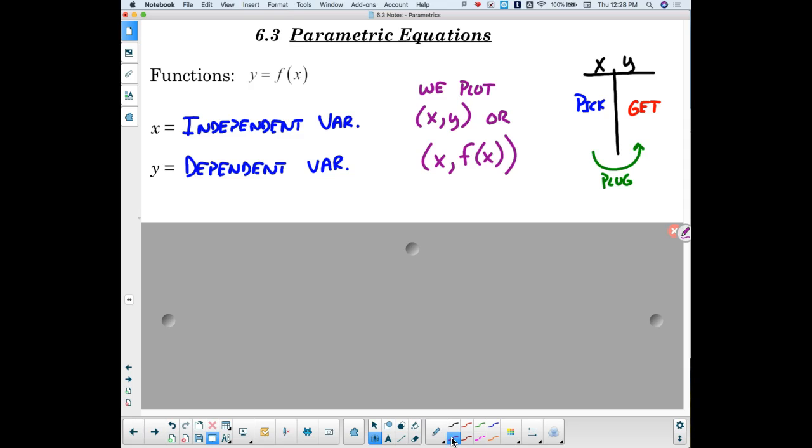So we plot x comma f of x. And you've been doing that for years. You probably started that before you even got to Wausau West. Graphing lines, plotting points, etc.